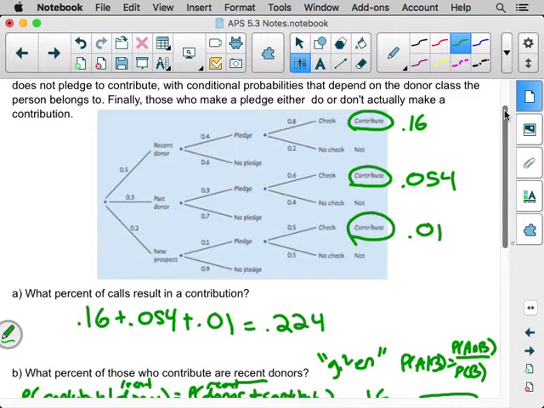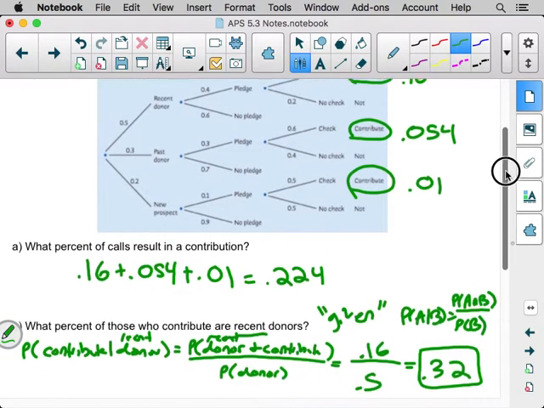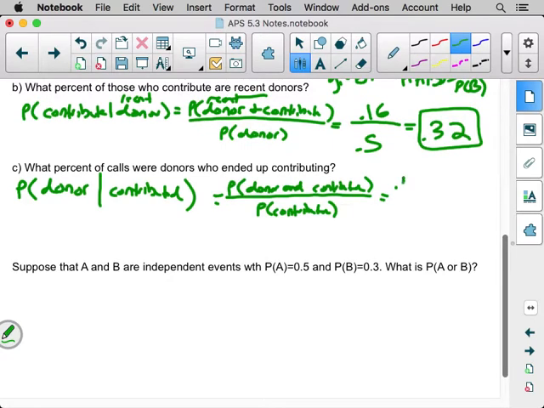In this tree diagram, there's two paths of someone being a donor and contributing. So what do we need to do with these if this or this both qualify for that? We need to add those together. Okay? We have two branches representing donors that are contributors. So here, 0.16 plus 0.054.